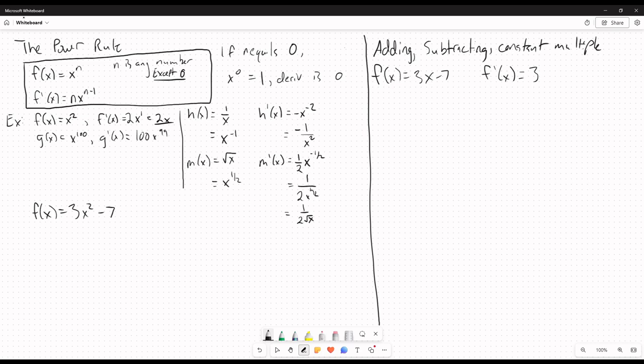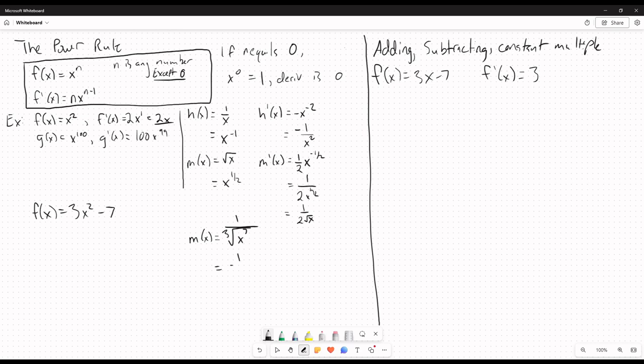As one last final example before we move on to something else, what if m of x equals the cube root of x to the 7? Let's make it even more fun: 1 over the cube root of x to the 7.